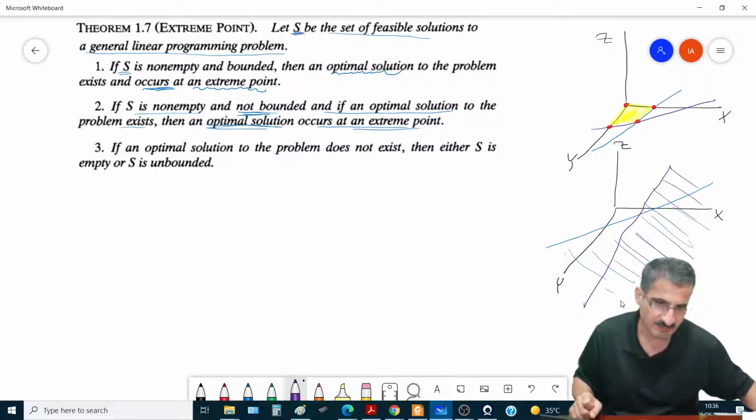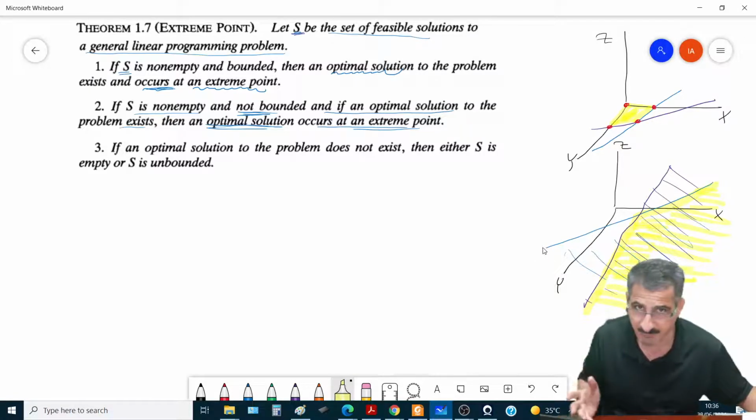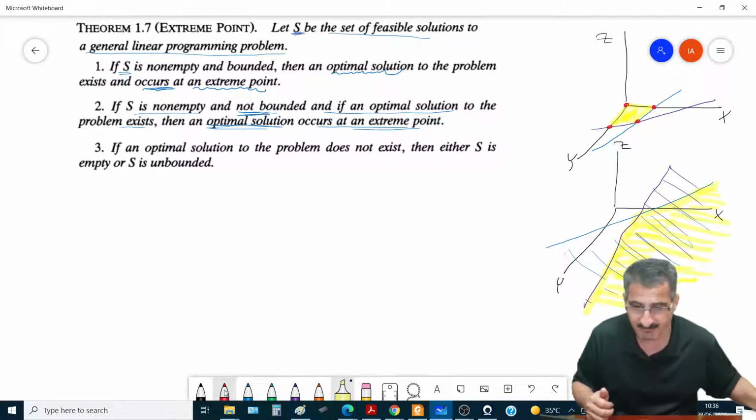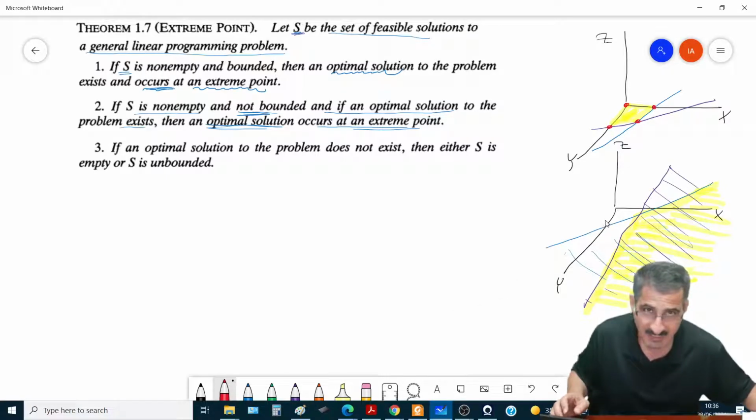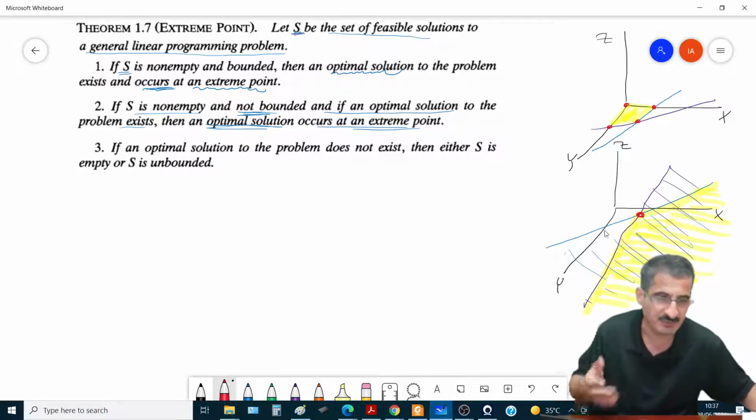Then S will be the intersection, which means this here and this here, and it stays continuous forever. So the set of feasible solutions here, the convex set, is unbounded. If the system has a solution in such a case, it will be at an extreme point, and here this is the only extreme point.